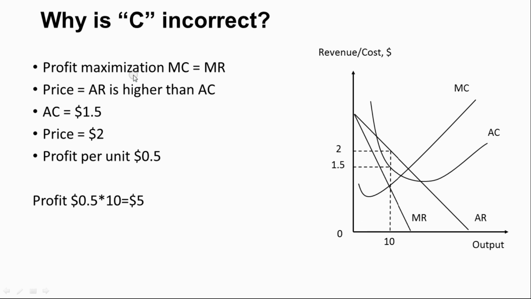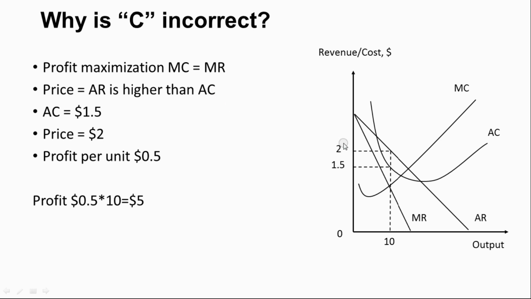First of all, profit maximization: marginal cost equals marginal revenue. We have marginal cost here and marginal revenue here. Price, equal to average revenue, is higher than average cost.